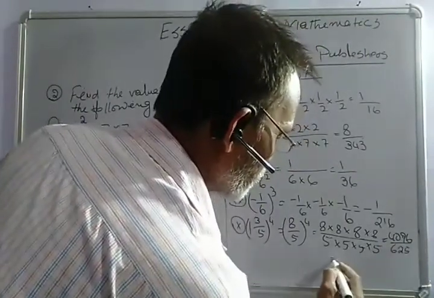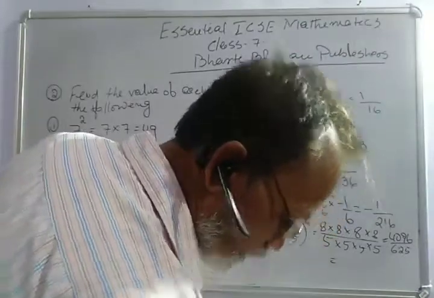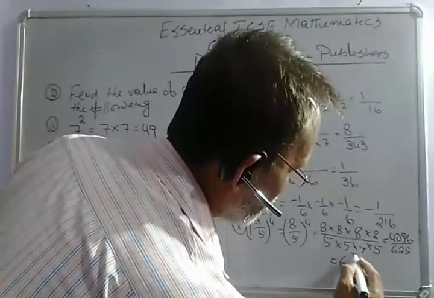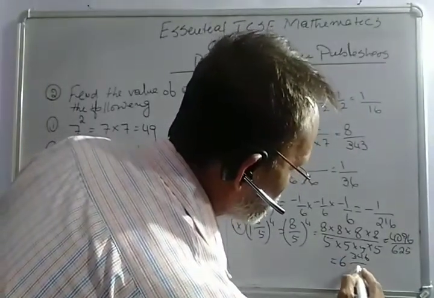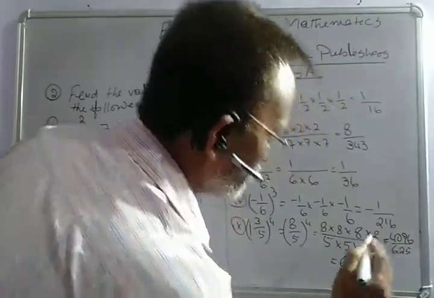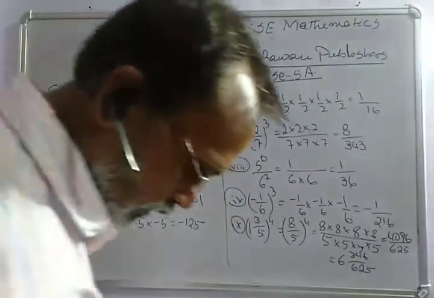So this is equal to 6 whole 346 by 625. So number 10 is completed.